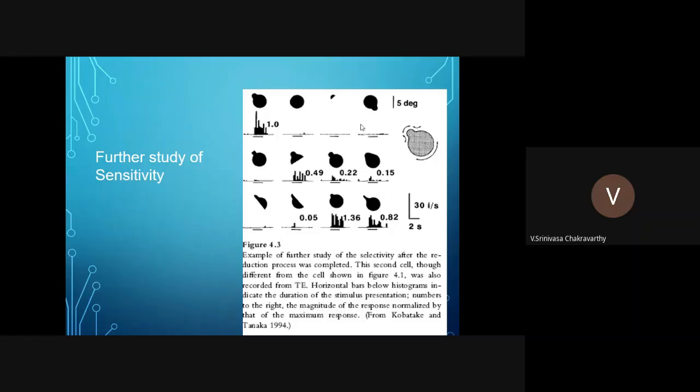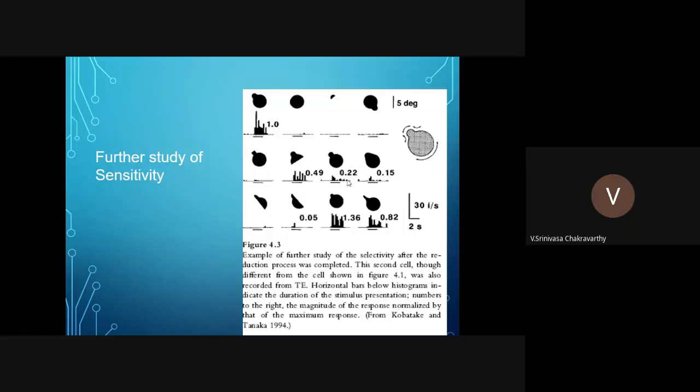So the neuron is responding to this particular shape of a circle with a little blip. And here again, it's so sensitive. If the blip is kind of flattened like this, again, no response. If you have only half of that and you remove the lower half of the circle, it is still responding with half the response, 0.49.